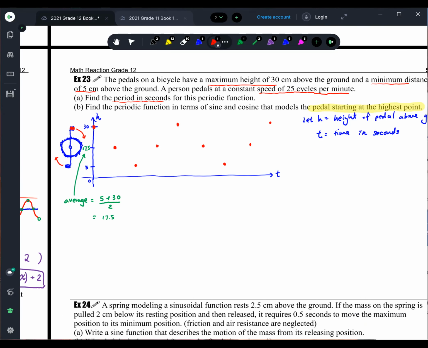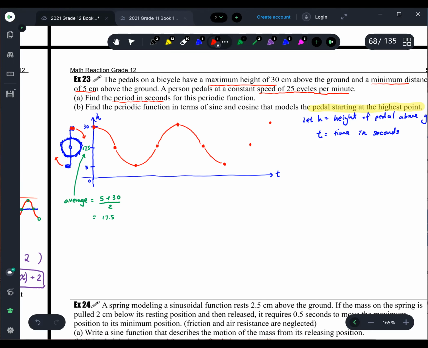So let's connect them. Make sure you don't connect like a straight line. Not like that. You have to have the upper half open down, bottom half open up, open down, open up, open down.